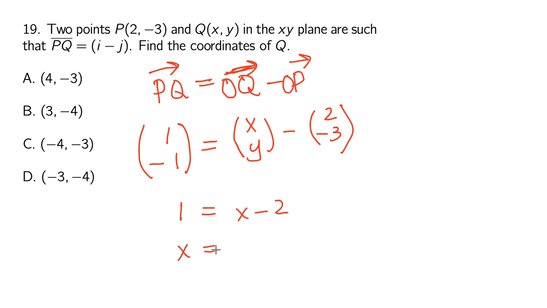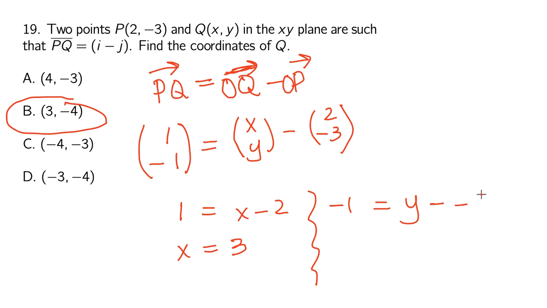If 1 equals X minus 2, then X equals 3. Given the options, the only one with X equals 3 is this one. But let's just check if we get the same value for Y. The equation for Y is minus 1 equals Y minus 3. This means minus 1 equals Y plus 3, and it means that Y equals minus 4. So we know that B is right.